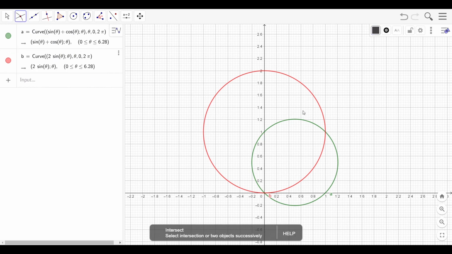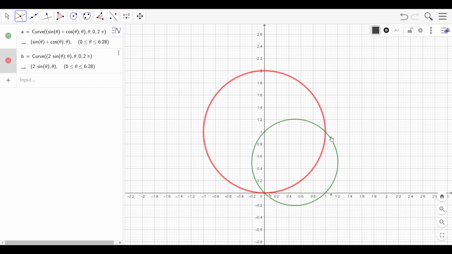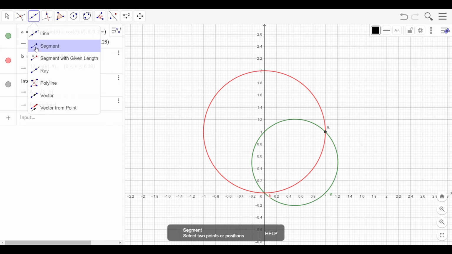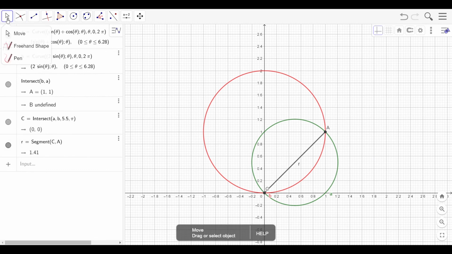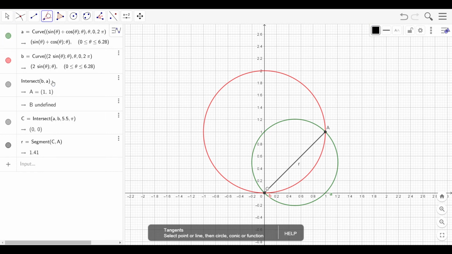So you find the point of intersection. Consider these two curves. This is the point of intersection A, and this is the radius vector r. Then you find the tangent to this curve at this point.